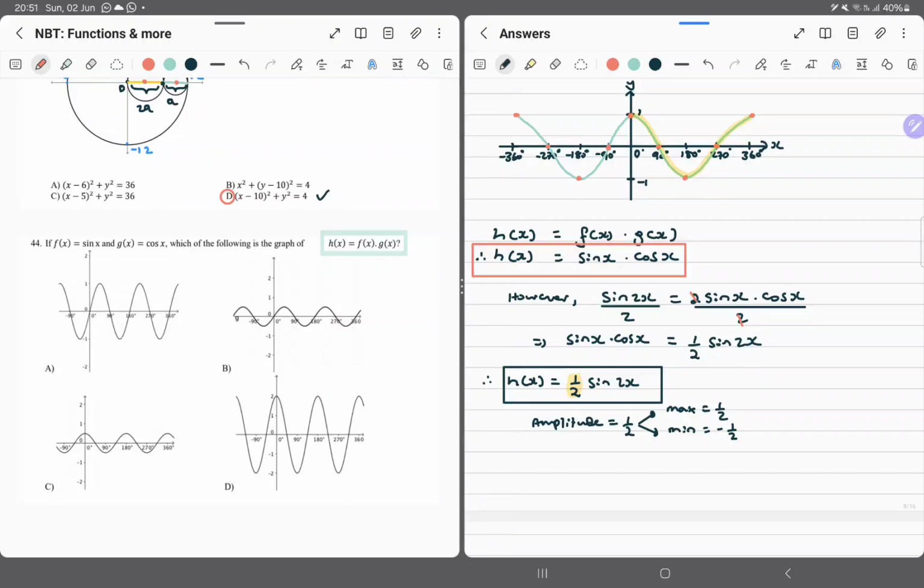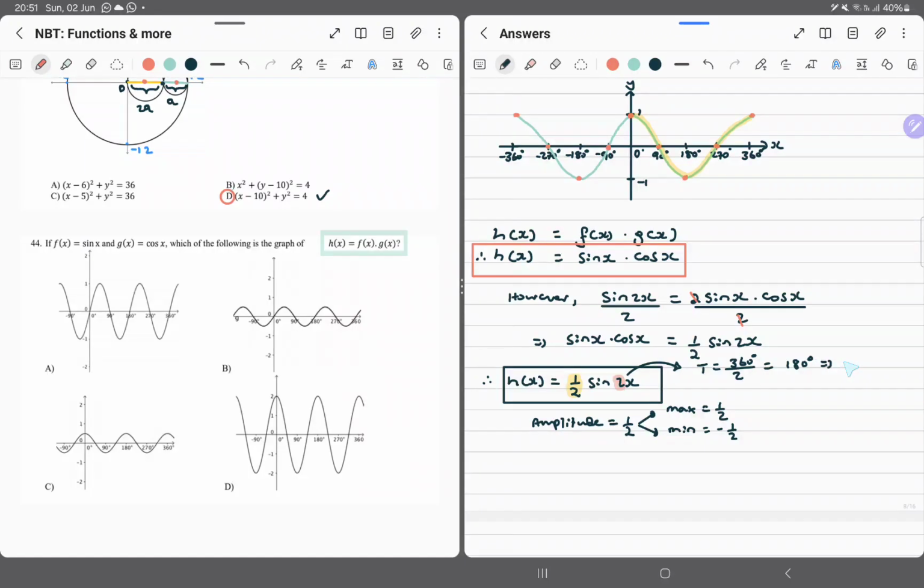Great, great, great. Now look at that. The coefficient of the angle is a 2. So what does that tell us? It tells us that the period is going to be the old period, the sine period, divided by the coefficient of the angle, which becomes 180 degrees. So this means this sine graph is going to complete a full cycle at 180.